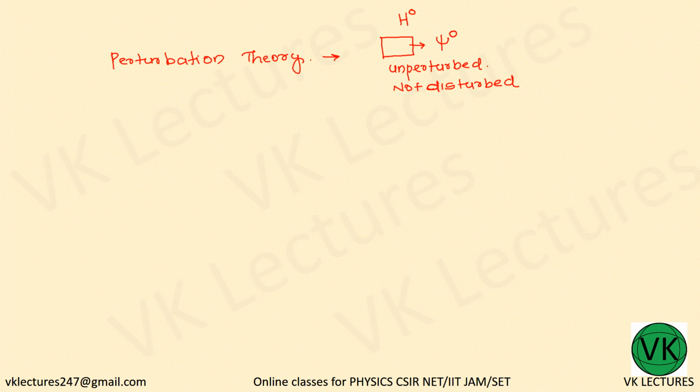Now, due to some intervention, this state is being perturbed. For example, earlier this was a rectangle, now it is deformed in some way. This deformation is called perturbation, or the disturbance caused by some external agency.